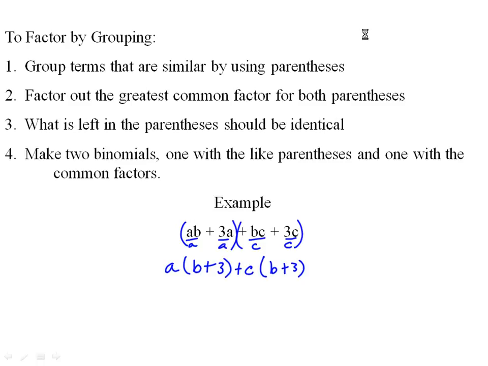Now, what do you notice? Do you notice that these 2 are identical? This should always happen. When you factor by grouping, the 2 groups that are left over must be identical. Same sign, same term, same everything. They must be identical.